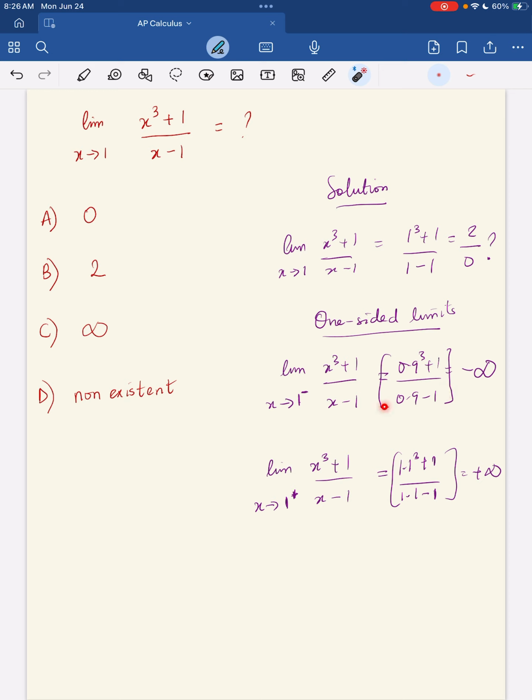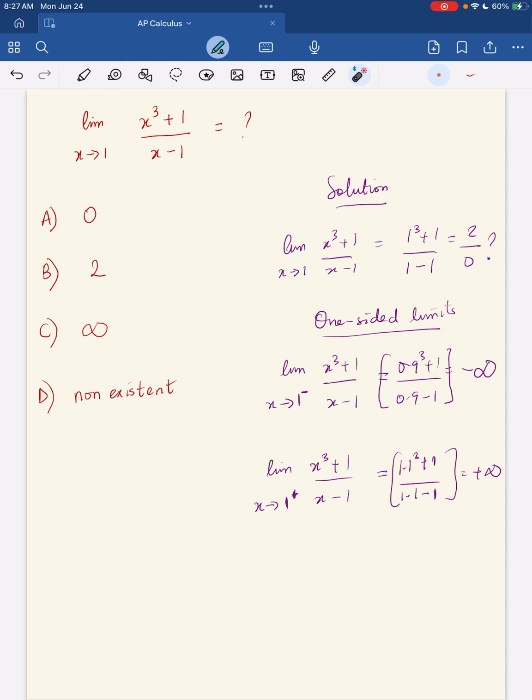negative values from this one. So for the left-hand side limit of this expression, you're going to have negative values up onto negative infinity. For this one, you're going to have positive values, positive infinity. But you see that the two values are not the same. One is negative and one is positive.